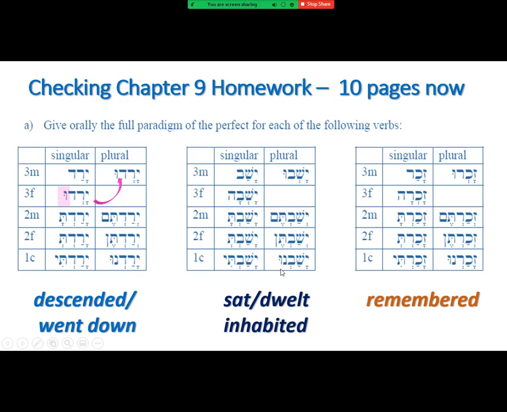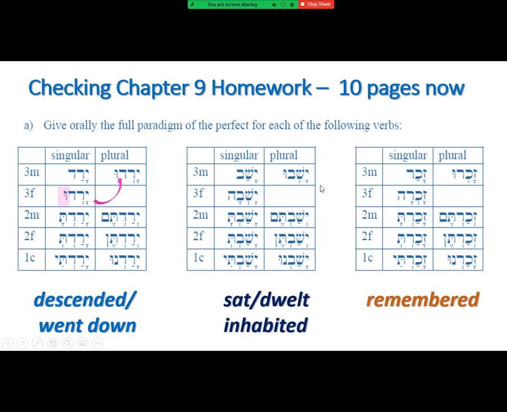Okay, similar pattern over here. This is Yashav, which is to sit or to dwell or inhabit. In the past, it's sat, dwelt, or inhabited. So he dwelt is Yashav, she dwelt is Yashva, you dwelt is Yashavta, and Yashavt, and then Yashavti is I dwelt.